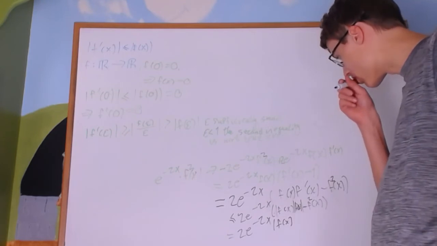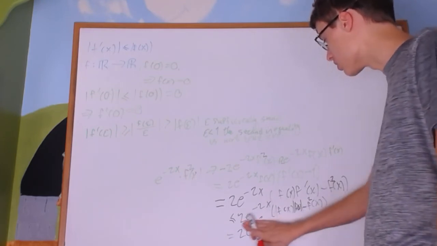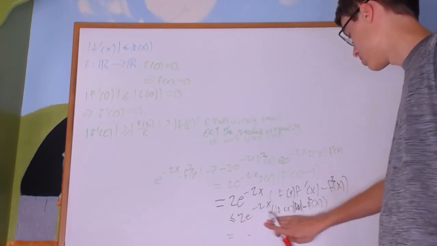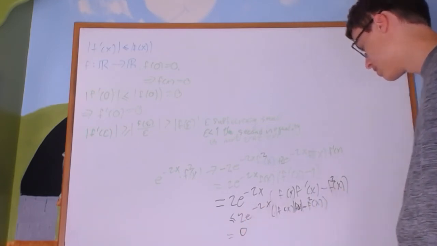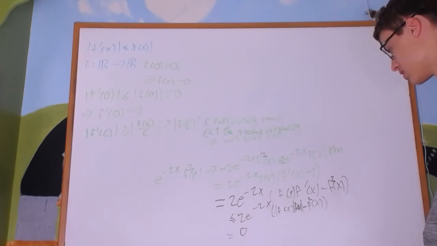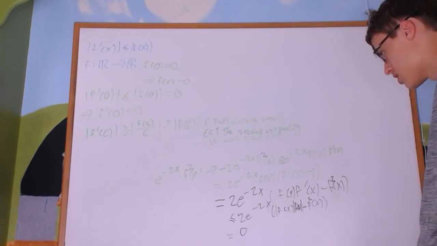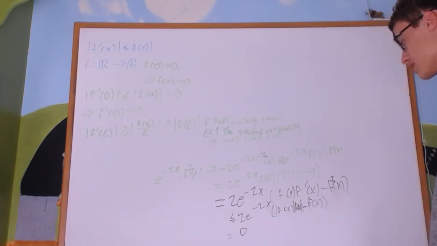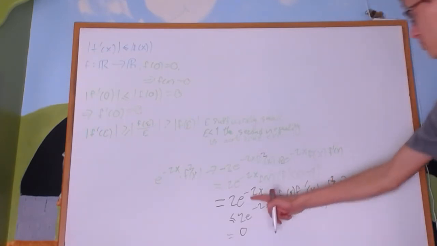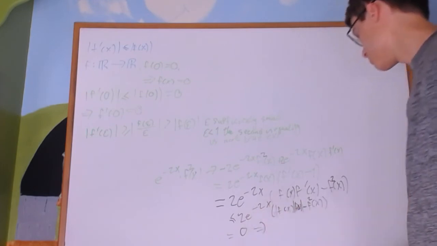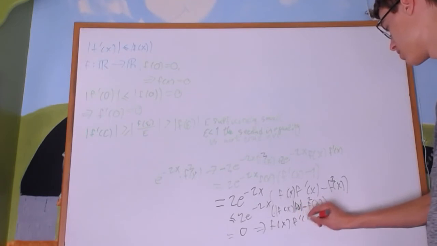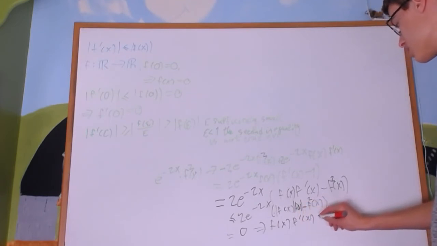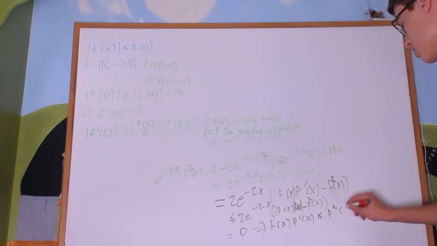That's just 0. Alright, so that's just 0. But that's less than or equal to 0. That's always bigger than or equal to 0, which means that this part is less than or equal to that part.